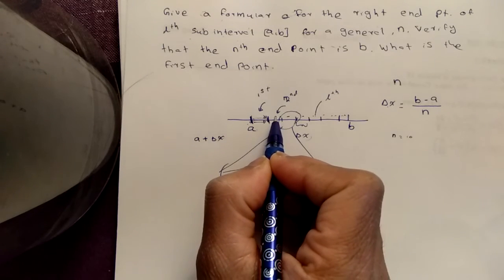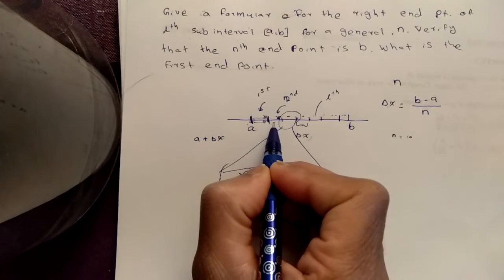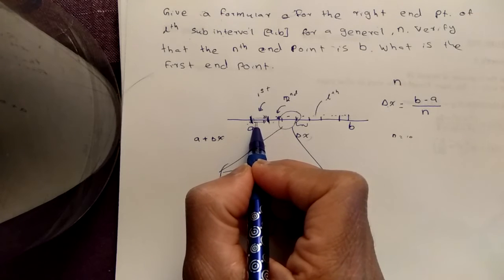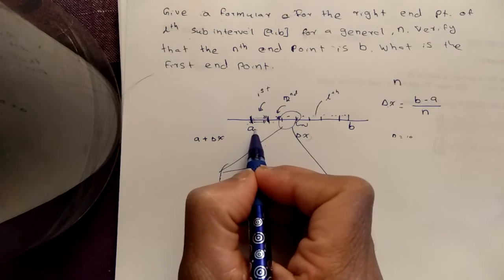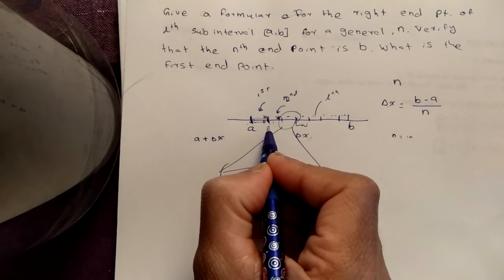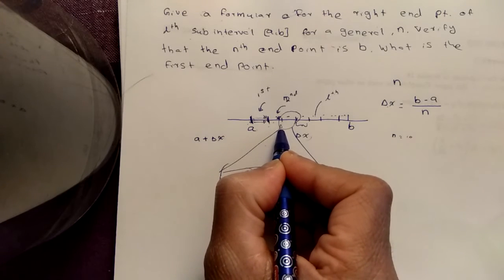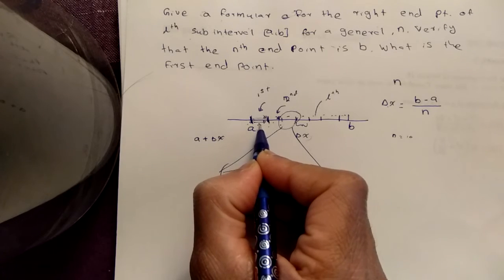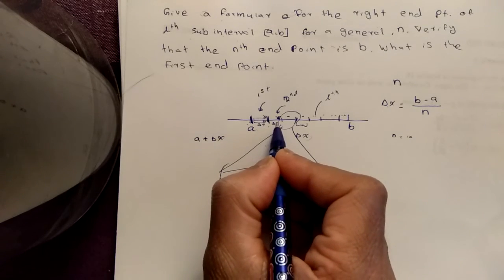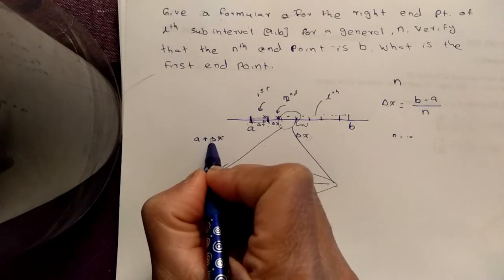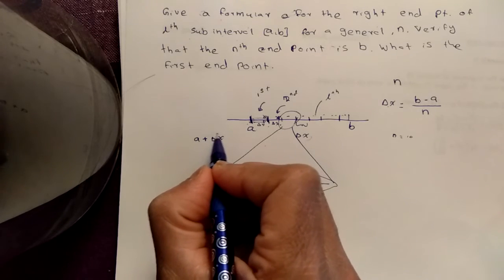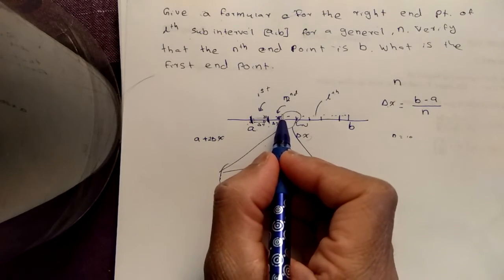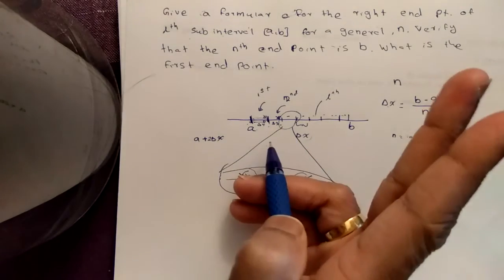If we need to reach the right endpoint of the second subinterval, what is the distance that we should go starting from A? We should pass this boundary and reach this point. That means we should travel a distance of 2 delta x's. This is delta x, this is delta x. So we travel a length of 2 delta x's to reach the right endpoint of the second subinterval.